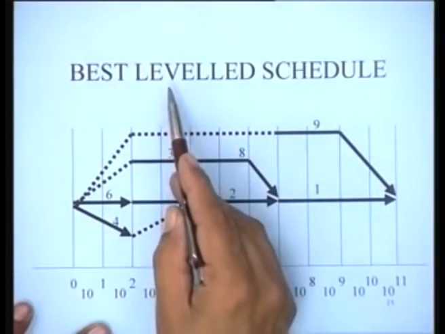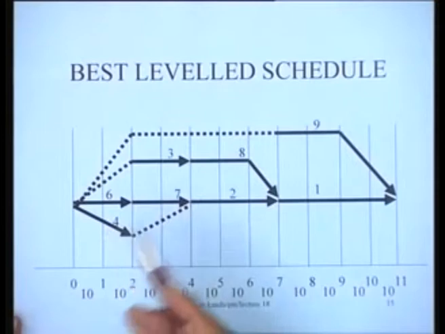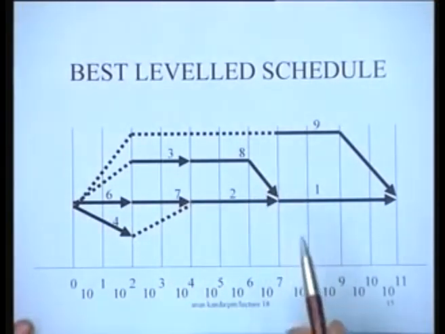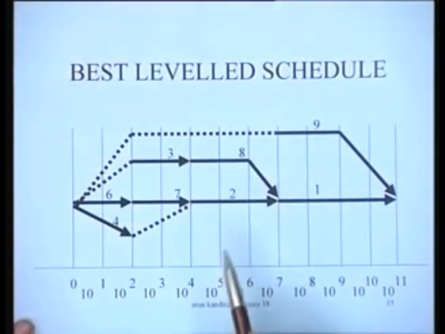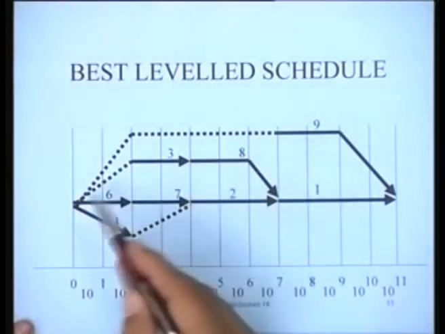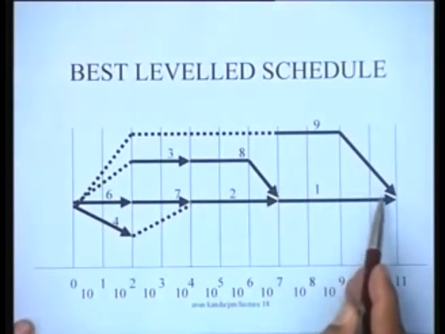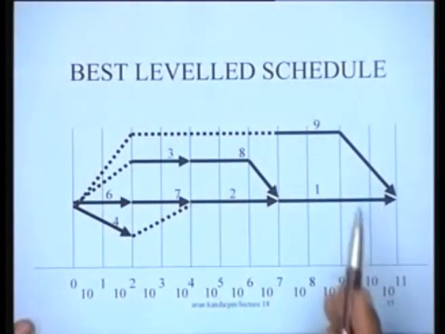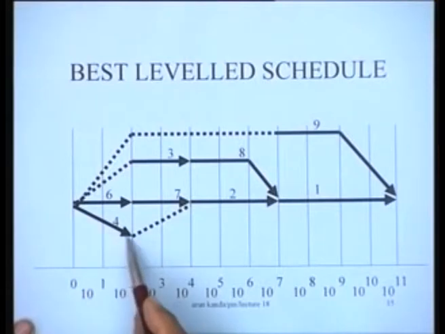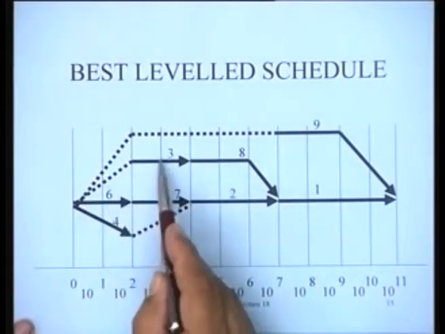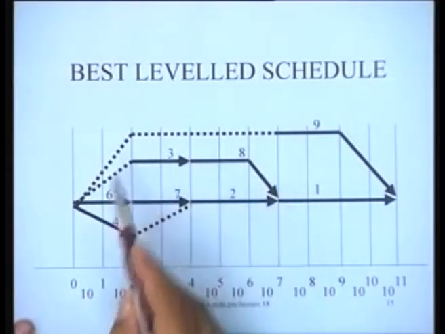The best leveled schedule will have to be worked out by some heuristic or by some procedure maybe. But in this case you see that the activity 9, which was earlier being done at the earliest, is now being shifted to the latest position. This activity continues to be done at the earliest position, whereas these two activities 3 and 8 have been shifted so that they are done at their latest positions.